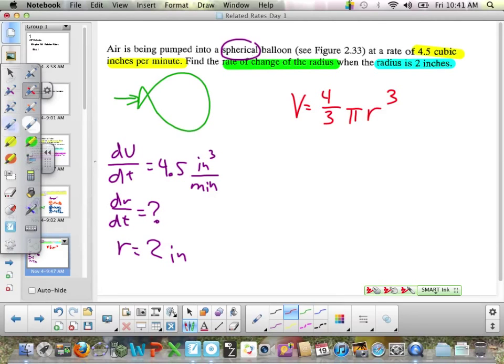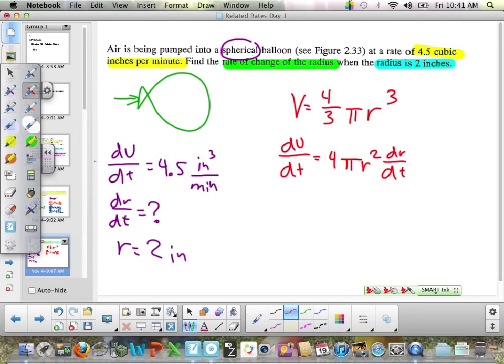Now we're going to take the derivative of our equation. The derivative of volume with respect to time is dV dt equals 4/3 pi r cubed. Applying the chain rule becomes 4 pi r squared times dr dt.